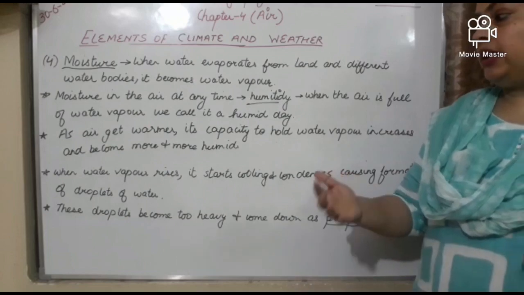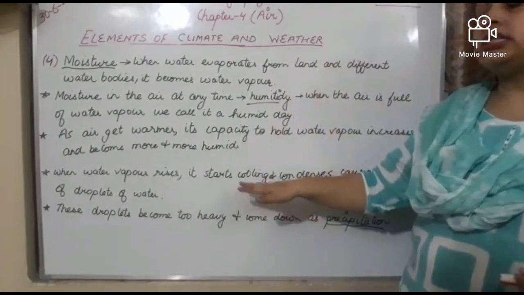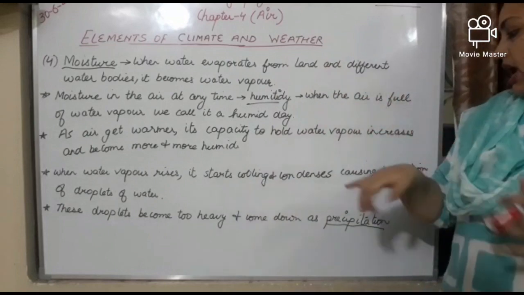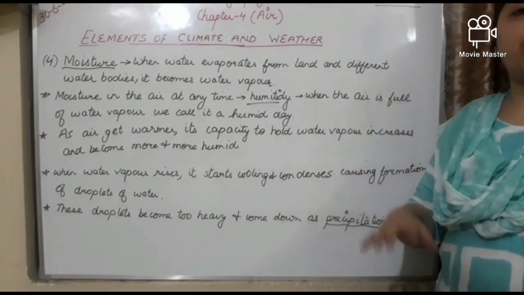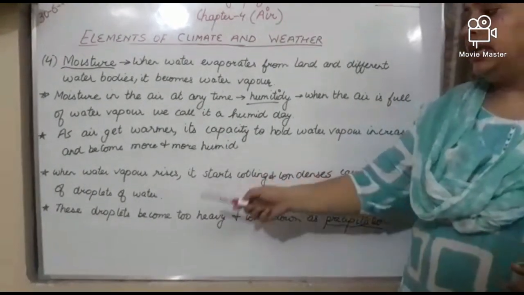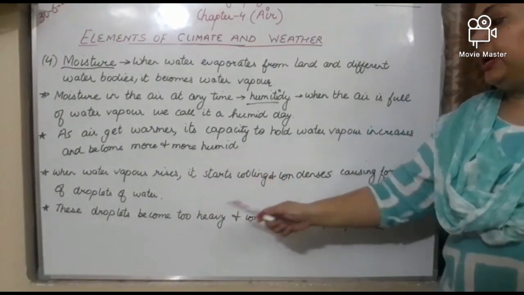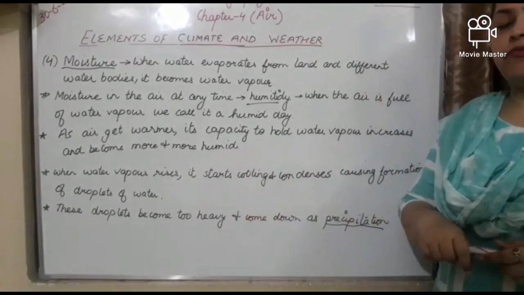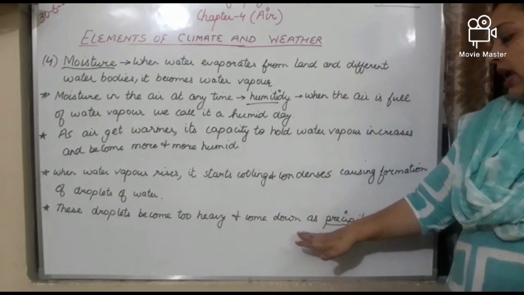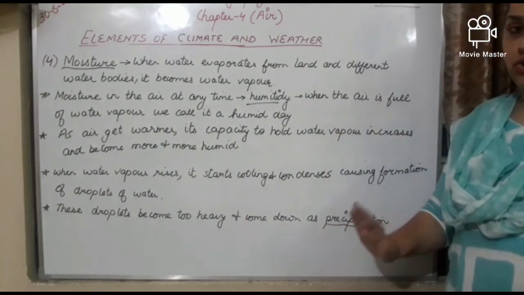When water vapor rises, it starts cooling and condensing, causing the formation of droplets of water. These droplets become too heavy for the air to hold and come down as precipitation.